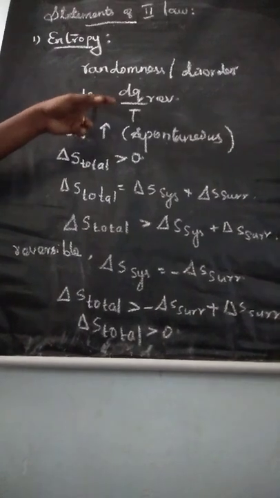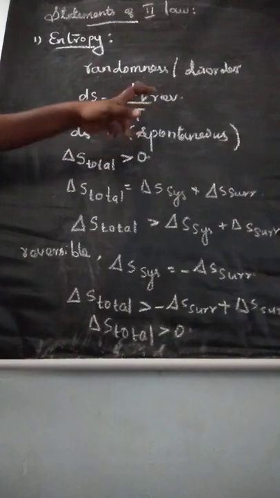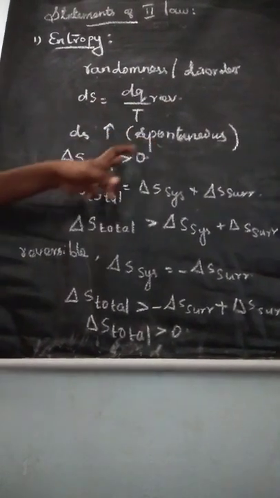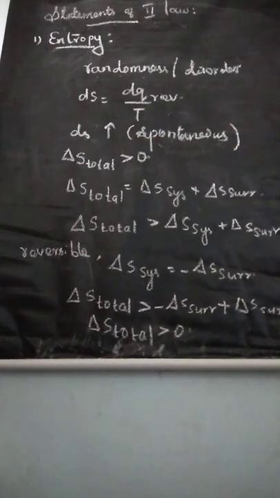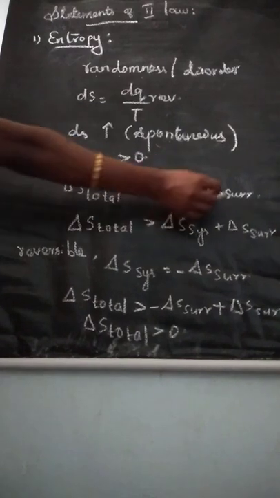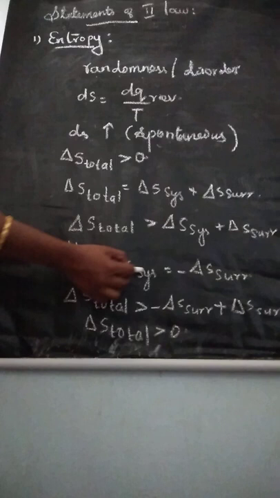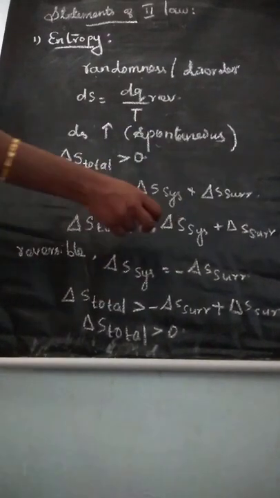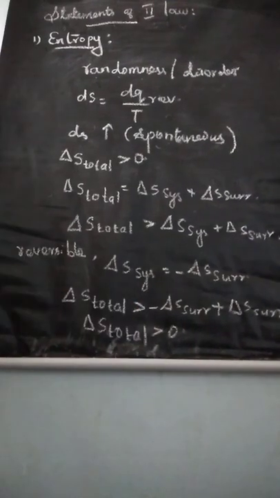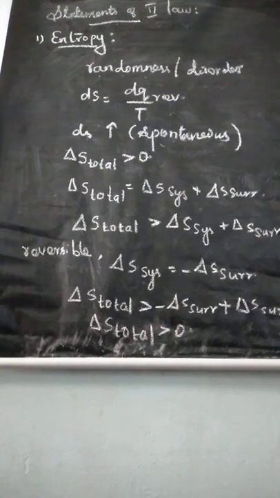We know the formula dS is equal to dq reversible divided by T. Then in a spontaneous process this value increases, so delta S total is greater than 0. You know delta S total is the sum of the system and surroundings. For a reversible process the system is equal to minus delta S surroundings. If you substitute, this value becomes 0. Understand? So this is the first statement of the second law of thermodynamics.